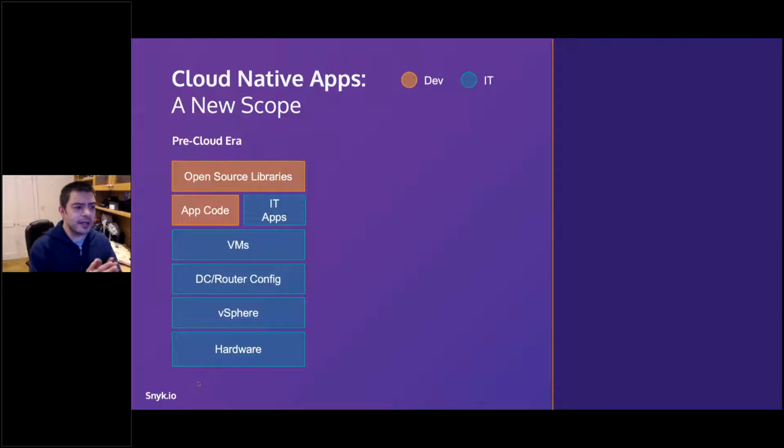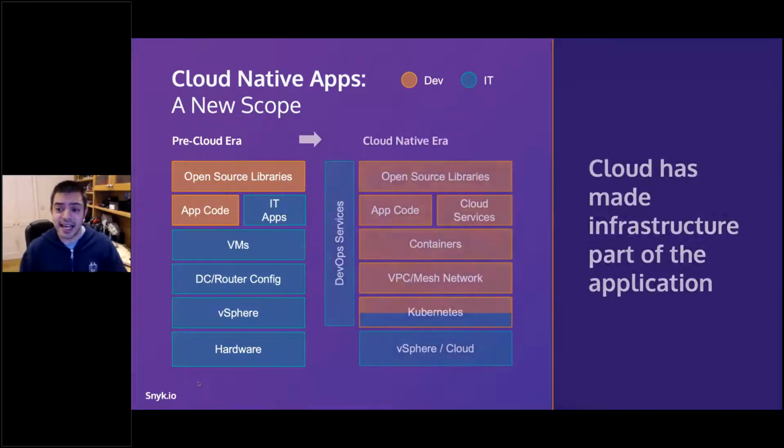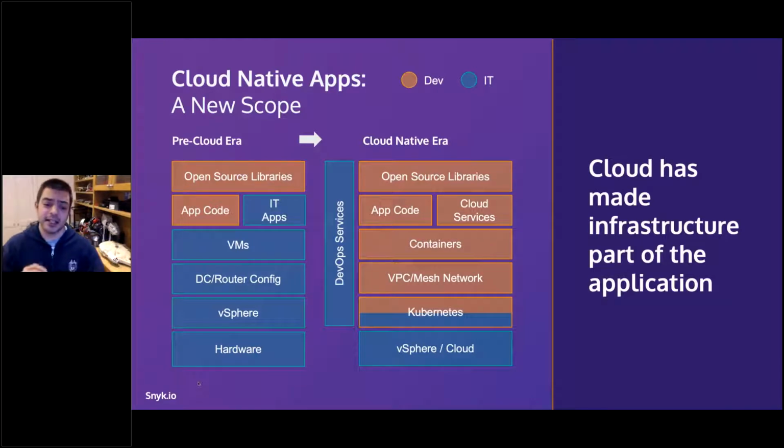Now, when we think about how that maps onto what we consider today a cloud native or a cloud application, we can see that a lot more of the infrastructure has made its way into the application. It's really about the ownership of the developer: the ownership of the code that the developer writes, maintains, and needs to secure has got a lot further down the stack.